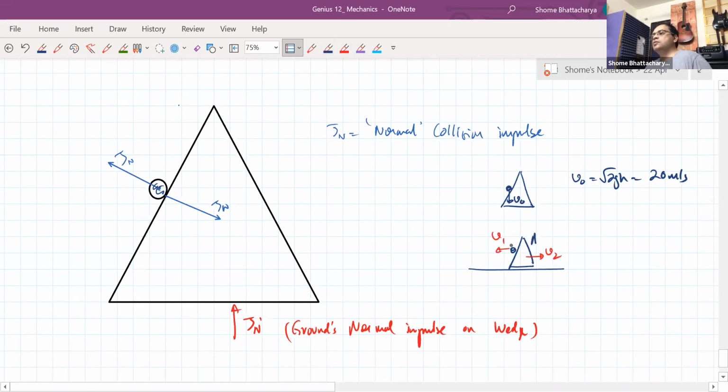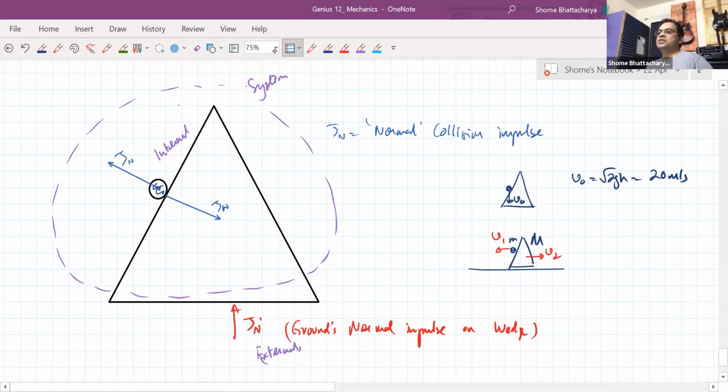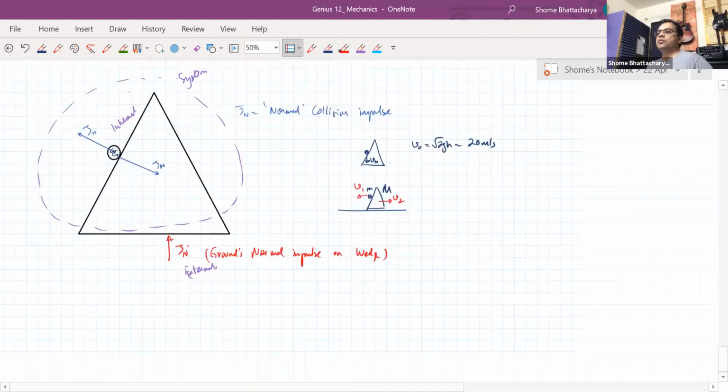So what should happen when I look at this diagram? You can see that this is internal for the system, whereas this one is external. So this is coming from the ground. So for the system, we can conserve the horizontal momentum.